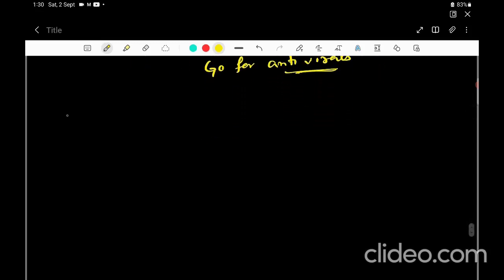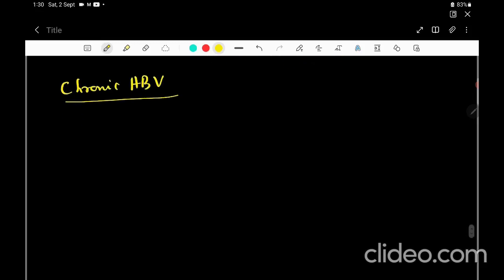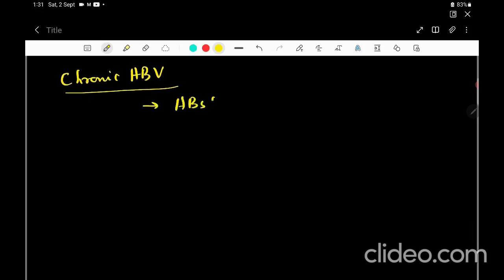Now, what should be the management of chronic HBV? In management of chronic HBV, the HBsAg and anti-HBc IgG, IgM should be positive.